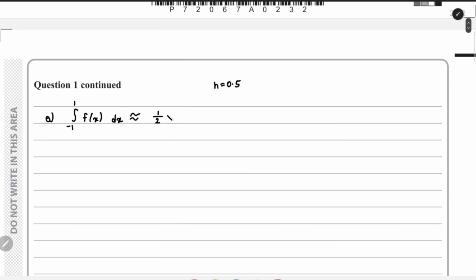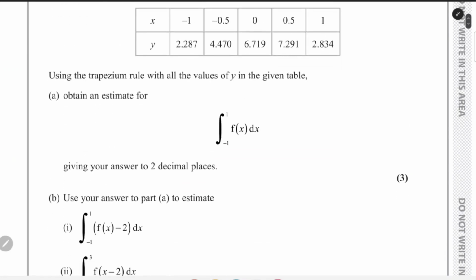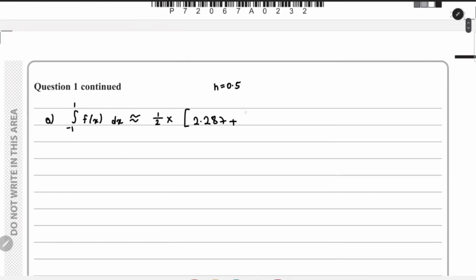So we have half times the first value, which is 2.287, the last value, 2.834, plus 2 times the values in between.